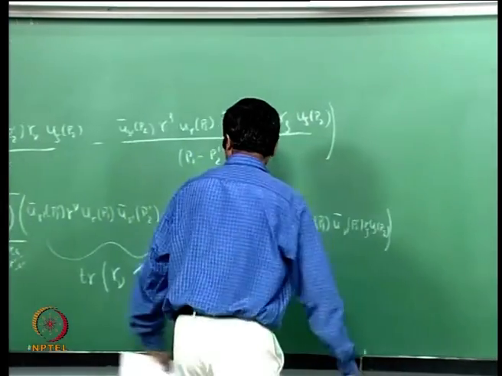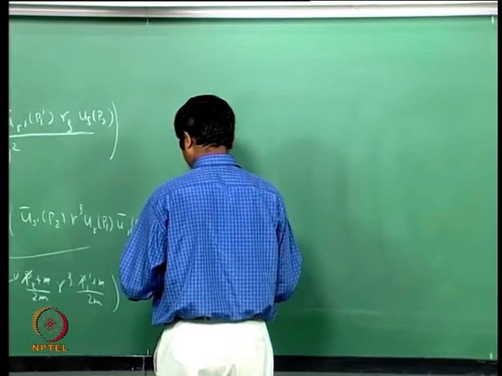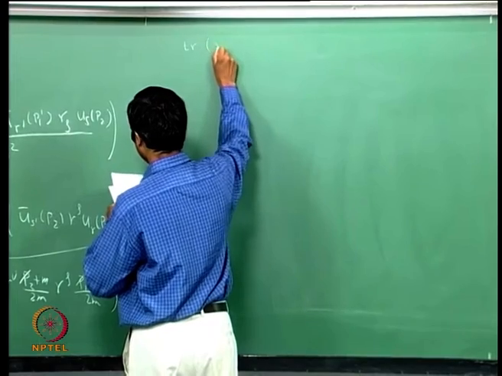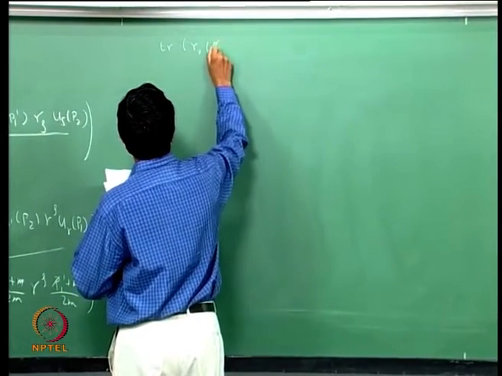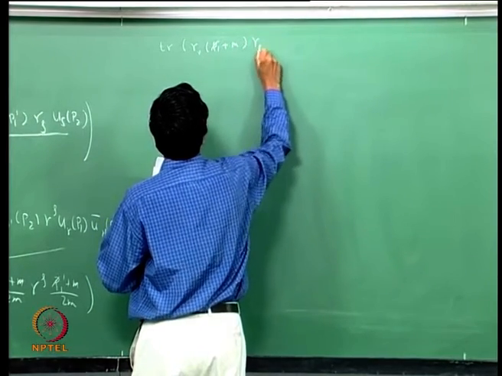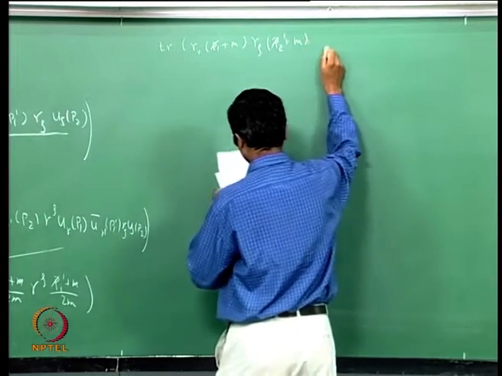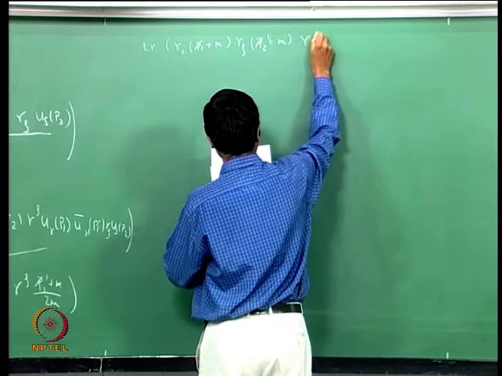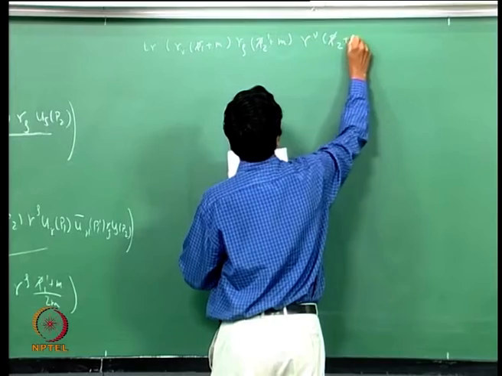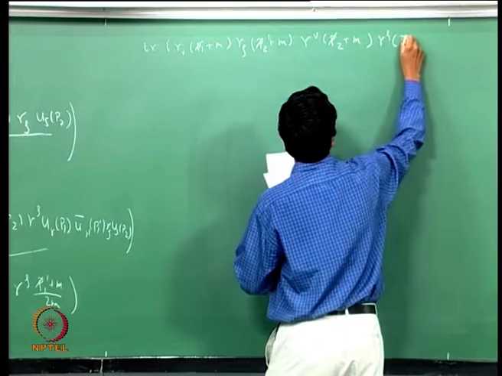So our goal is to evaluate this trace, or what we need to do is evaluate the trace of gamma nu (P1 slash plus m), gamma rho (P2 prime slash plus m), gamma nu (P2 slash plus m), gamma rho (P1 prime slash plus m).